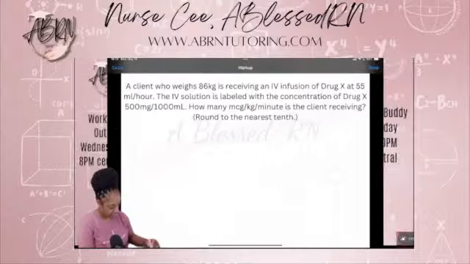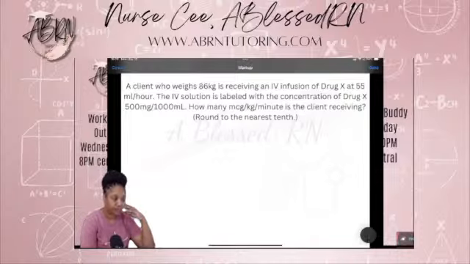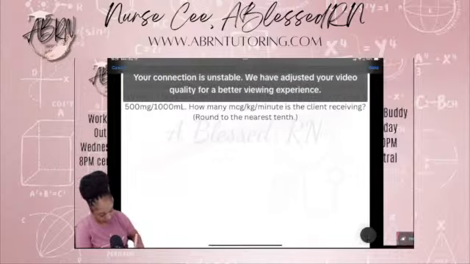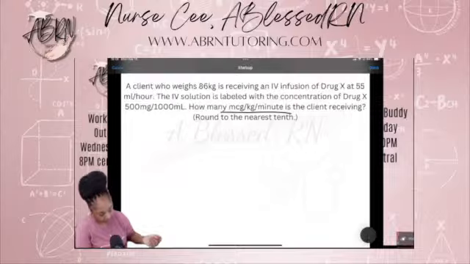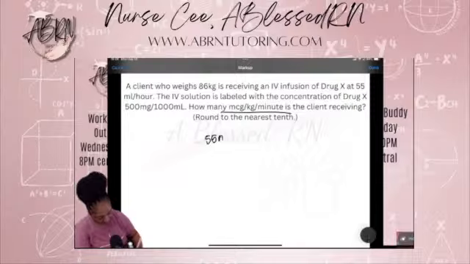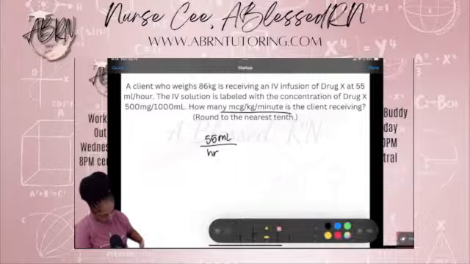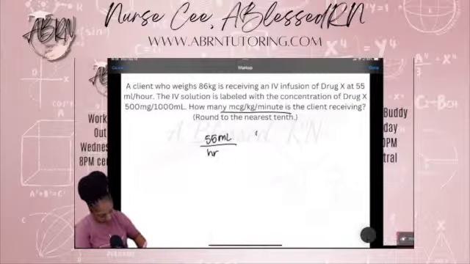All right. Let's see. If we were solving this a different way, we still want to find out how many micrograms per kilogram per minute, right? So we have 55 mLs an hour, and we've got 500 milligrams in 1,000 milliliters.